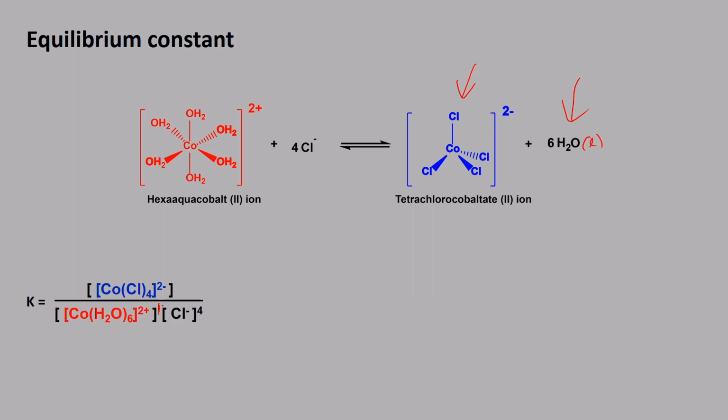Okay, so here we've got our cobalt complex raised to the power of 1 because we have a 1 out the front of this reaction. We have a 4 because of our 4 here. So now we have our equilibrium constant.